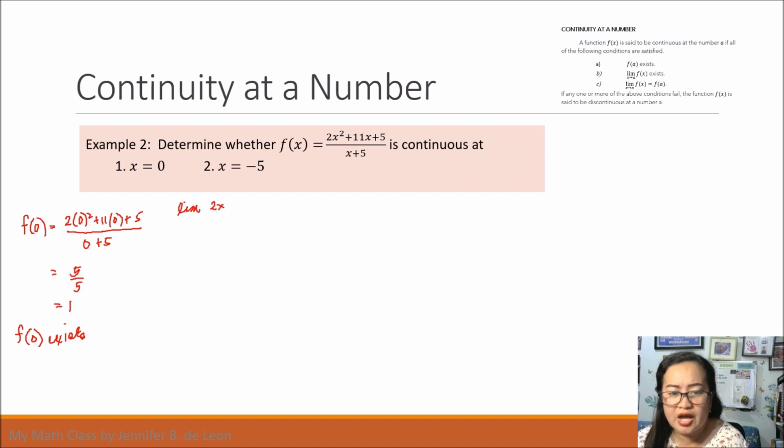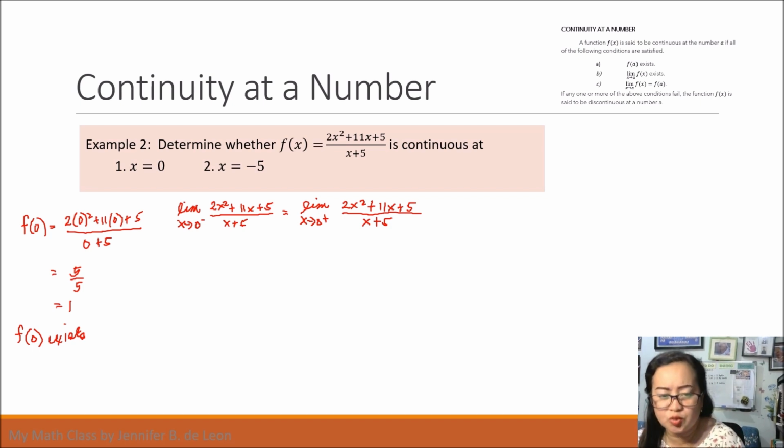So we have to get the limit of 2x squared plus 11x plus 5 all over x plus 5 as x approaches 0 from the left, which is equal to the limit of 2x squared plus 11x plus 5 all over x plus 5 as x approaches 0 from the right. So we need to show that these two are equal.